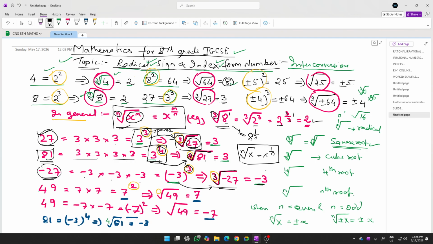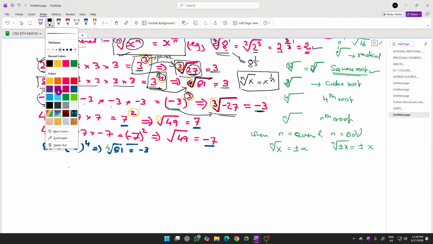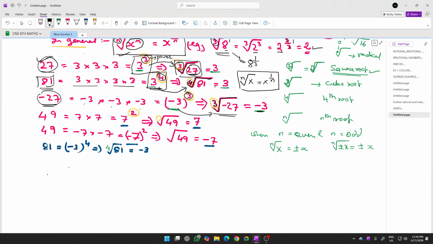Now fourth root of 81, let me write here, fourth root of 81, can be written as, now there is a 1 over here, so this can be written as 81 raised to 1 upon 4. This is equal.